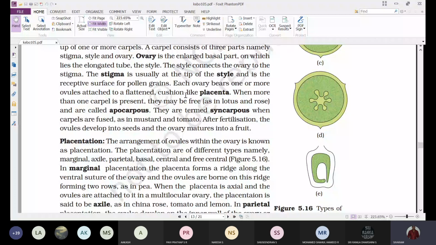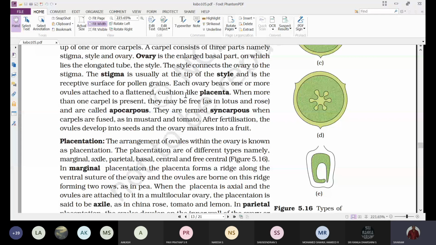At the same time, take one lady's finger and cut it. How many chambers can you find? Four to five, or four to six chambers we can observe inside the lady's finger, indicating that it is formed by the fusion of 4, 5 or 6 carpels.